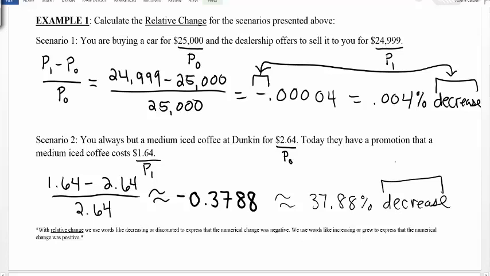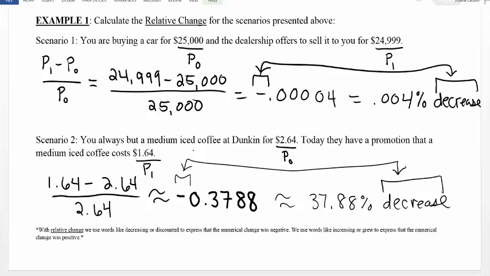So again, I'm replacing my negative with the word decrease because when we talk about percentages, we don't usually use a negative sign with percentages. Instead, we use a word afterwards to indicate whether that number was positive or negative.